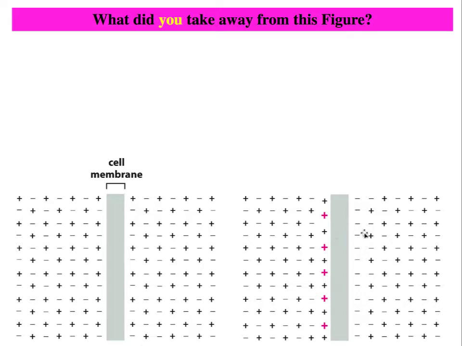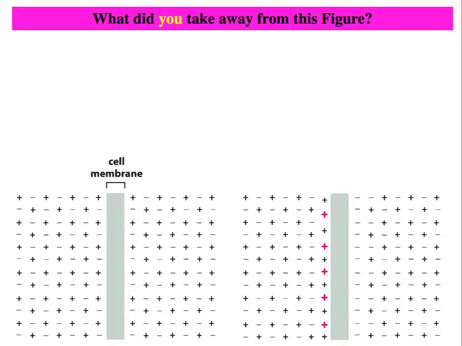So this is a law of how biology works. It's very rare, if at all, to find positive charge on the inside of a cell in a resting cell. As we'll see later, it can happen during action potentials and other types of signaling, but in a resting cell, you find this configuration, with the outside of the cell being on the left and the inside of the cell, the cytosol, being on the right.